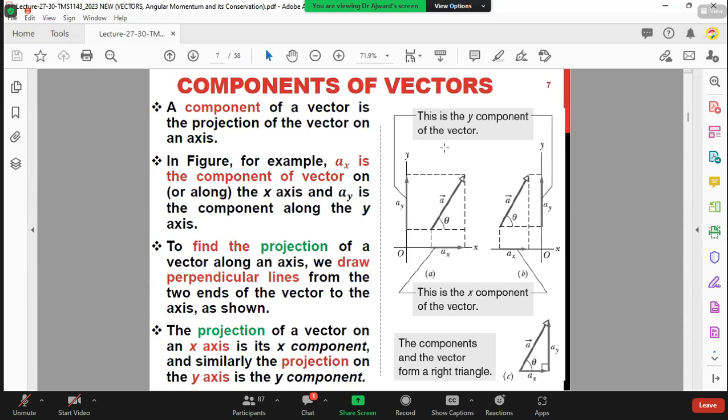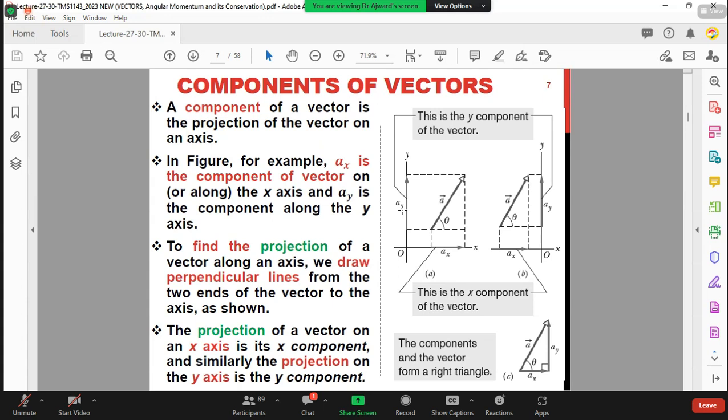If you have a light on this side and project onto your screen on the x-axis, it's a shadow of this vector. So it's called a component: x component if it is along the x-axis, y component if it is along the y-axis. All right.